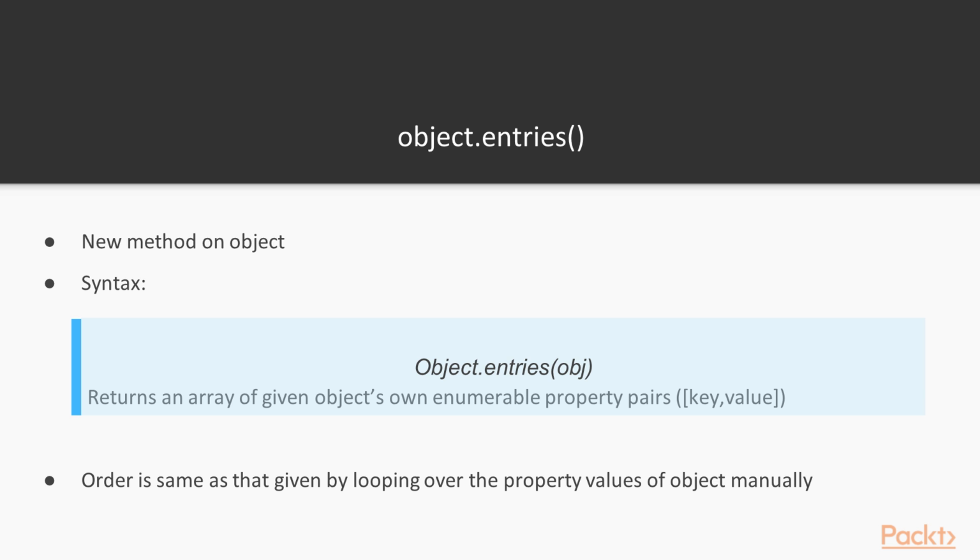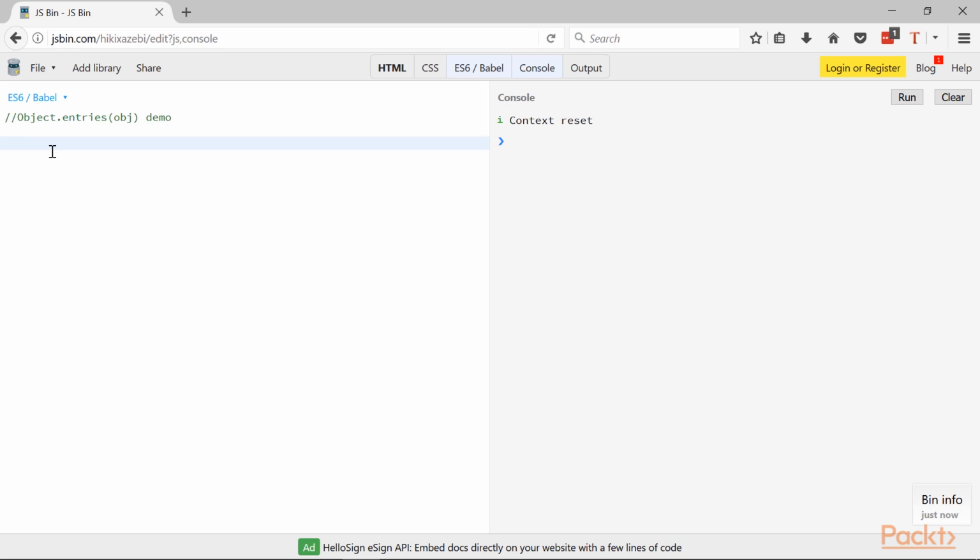Let's quickly take a look at the demo of Object.entries. I'm back in the JS Bin, and let's say I'm going to create a new variable, we call it obj, and it's going to be a simple object with foo whose value is bar, and then bars with 100. Now I can just do console.log and then Object.entries and pass the obj.